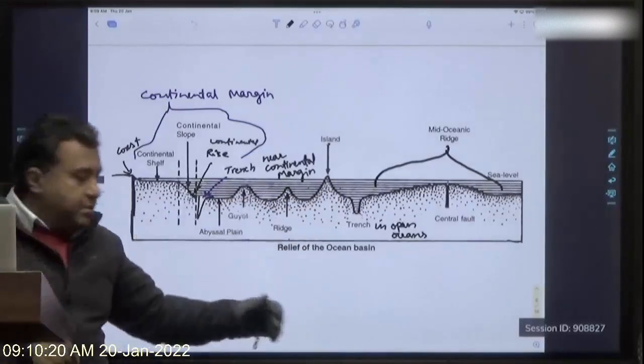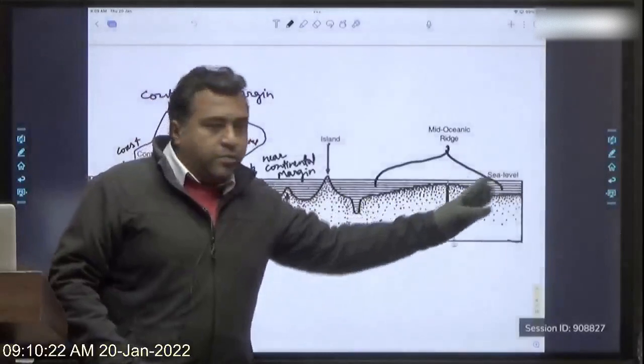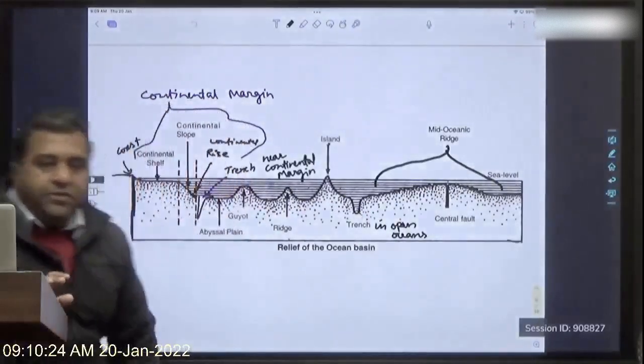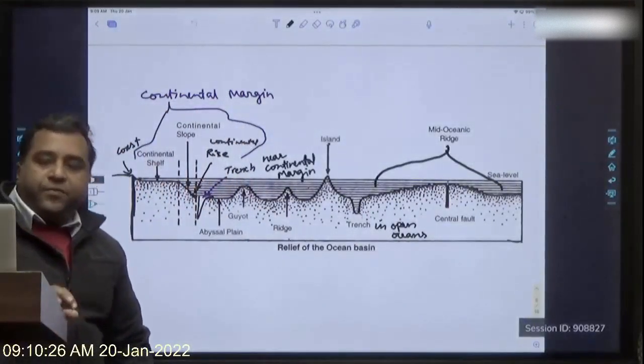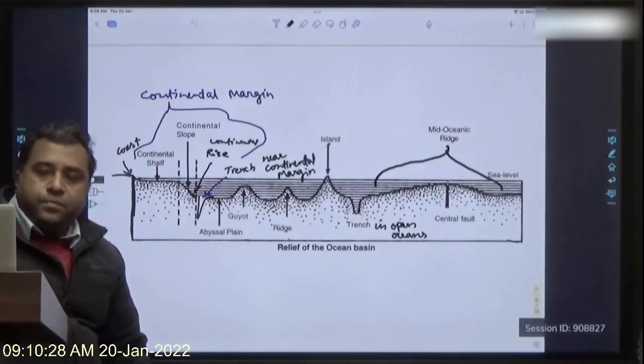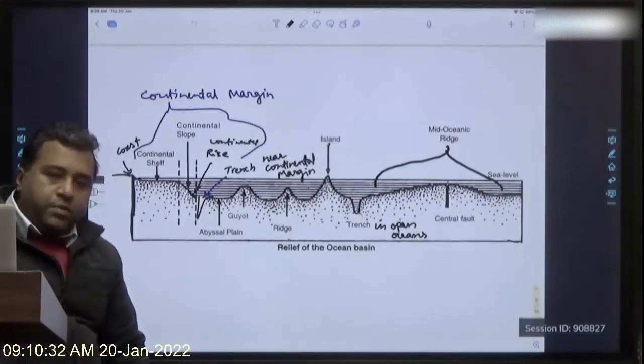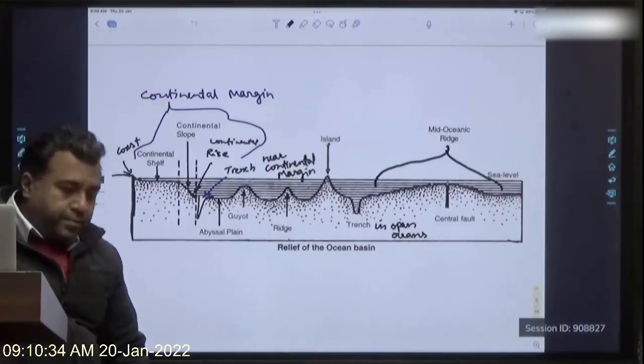So this side as well as that side, both sides of the central fault. Full stop.